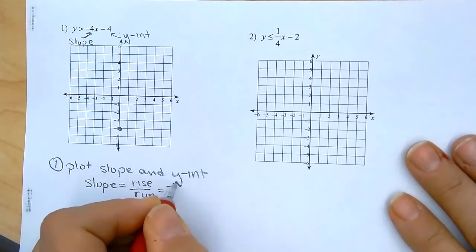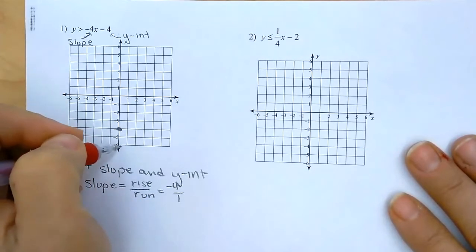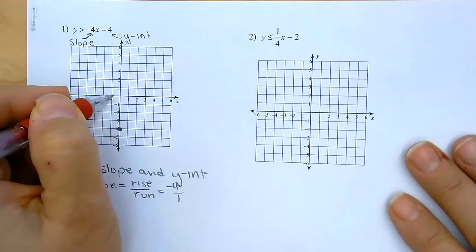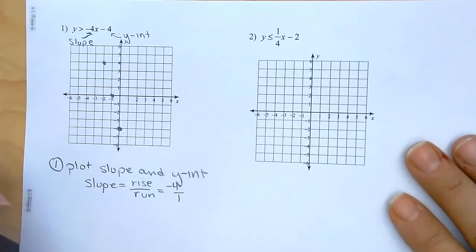So that would be -4 over 1. I can't go down 4, so I can go the opposite direction. I can go up 4, to the left 1, up 4, to the left 1.